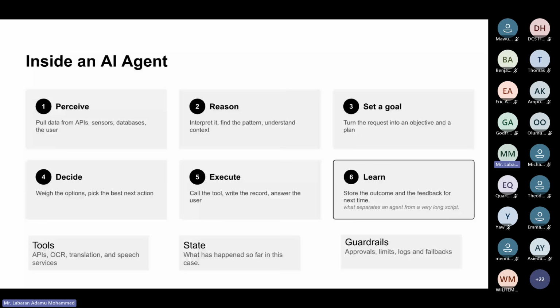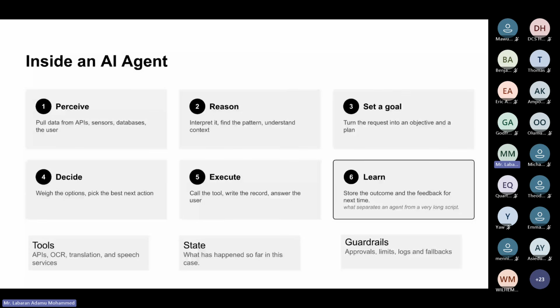Your agent should also have states. When you talk about states, you say what has already happened and where the agent stops. Let's say you build an agent whereby users are able to fill forms. It's a multi-form system.